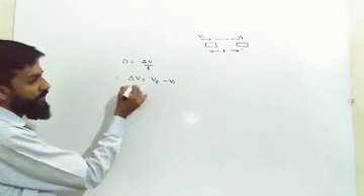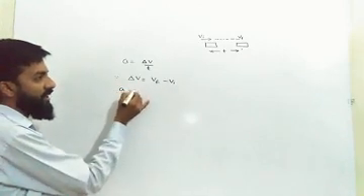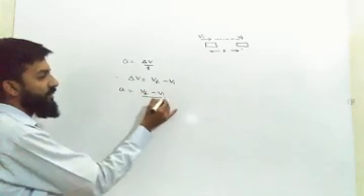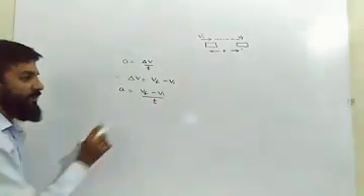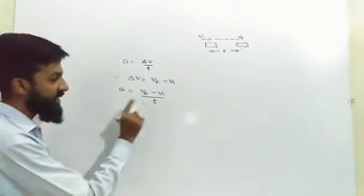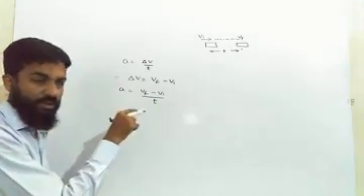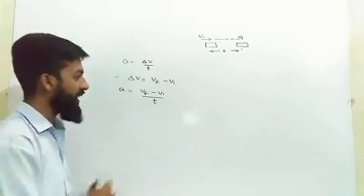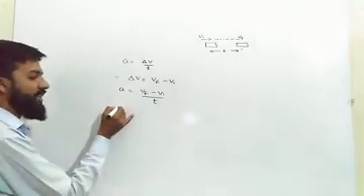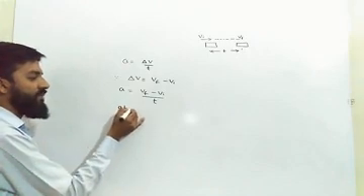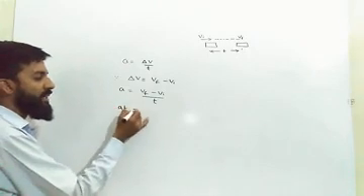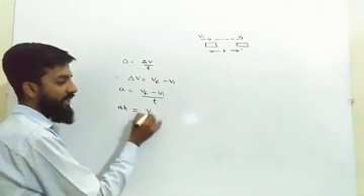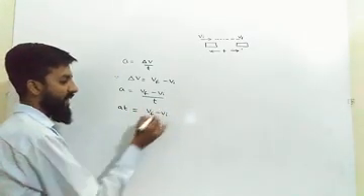We put this value of delta V in the above equation, so we get a equals Vf minus Vi divided by t. When we shift t, which is in division on the right hand side, to the left hand side, it is multiplied with acceleration, so at is equal to Vf minus Vi.